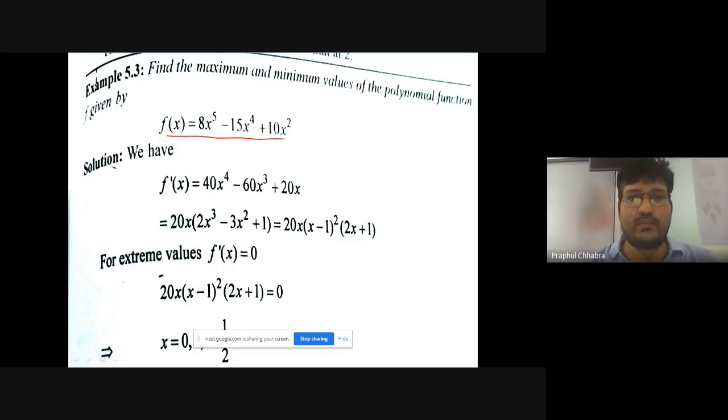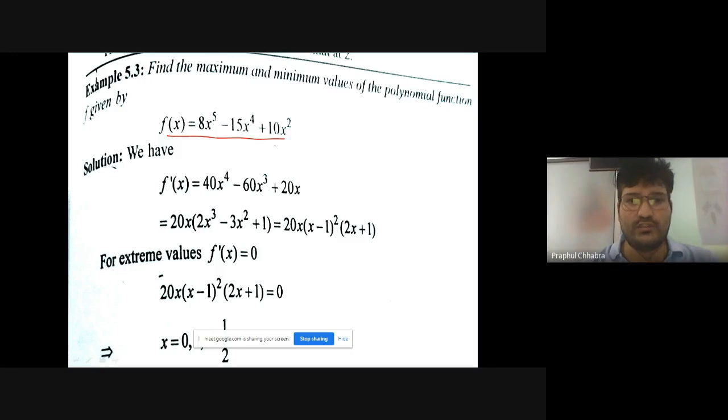You can see the independent variable of this function is x and the dependent variable is f(x). And it's an algebraic polynomial of degree 5.